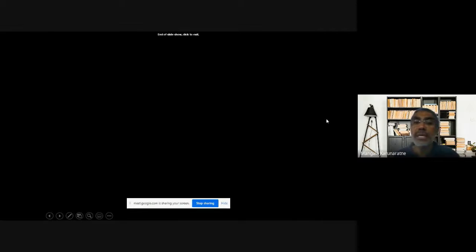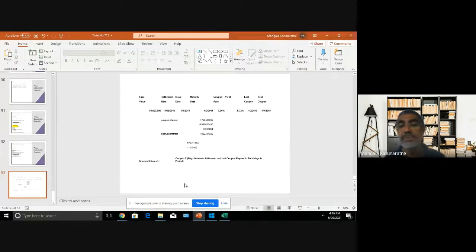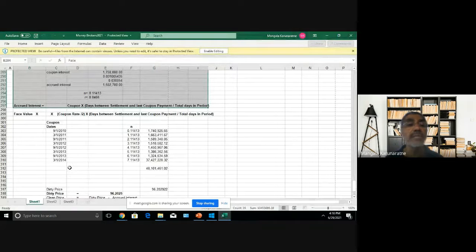So how do we calculate the price of this bond? The first step is we need to know how many cash flows. There are 8 cash flows. Why 8?